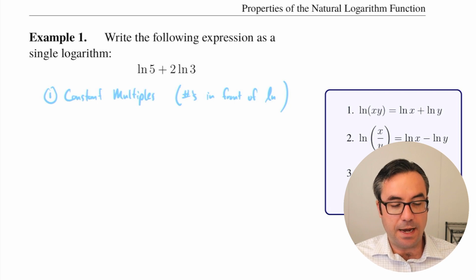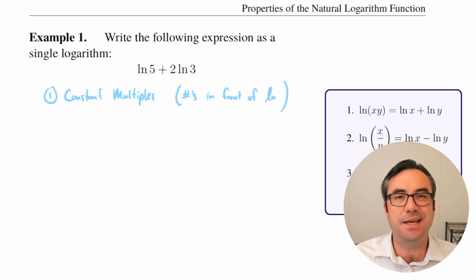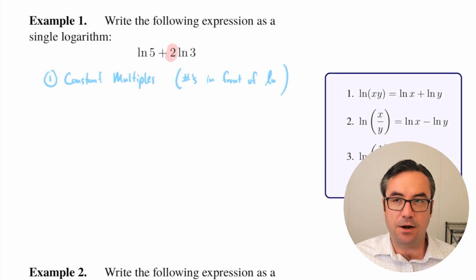And when we scan through our expression here, this natural log 5 term is good. There's really no number. It's a hidden 1, but it's just a single log term. The issue comes with this second part here, where we have this 2 in front, this constant multiple 2. We have to do something with that. And what we do is we use property 4 on our list here.